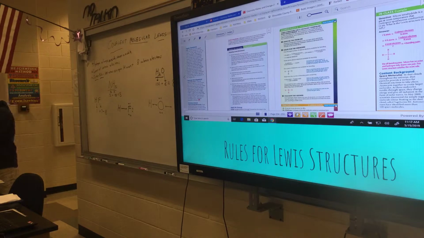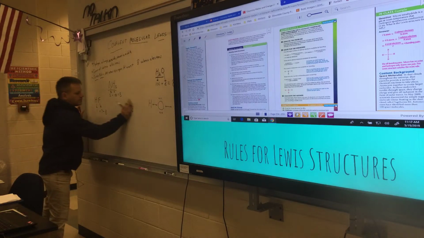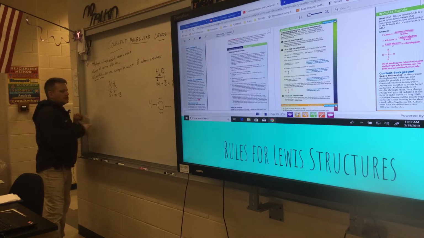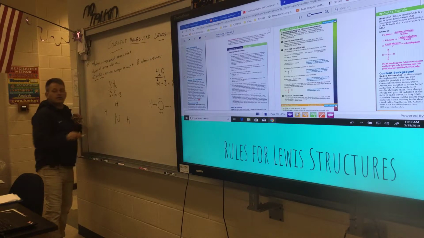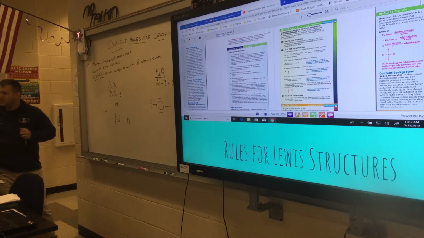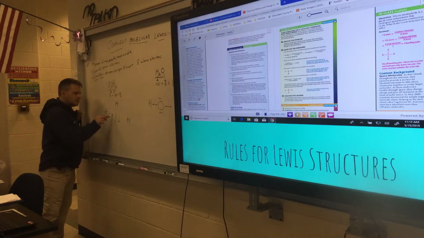Well, which one's going to go in the middle? Is hydrogen ever going to go in between anything? No. Never. So which one will go in the middle? Nitrogen. Nitrogen will go in the middle. We put hydrogen around the outside. Do they share? Yes. So that's 2. That's 4.